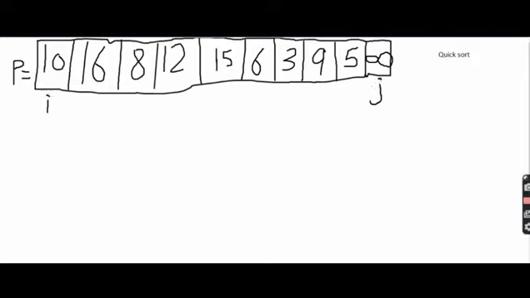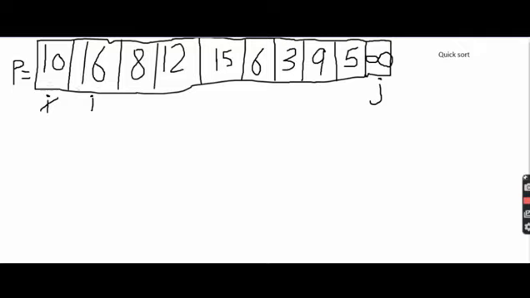So in the partition process, what we have to do is iterate the I until we find an element greater than the pivot. We have to decrement the J until we find an element less than the pivot, and then we have to swap the I and J. Got the point? So with the first increment, I would come here, right?